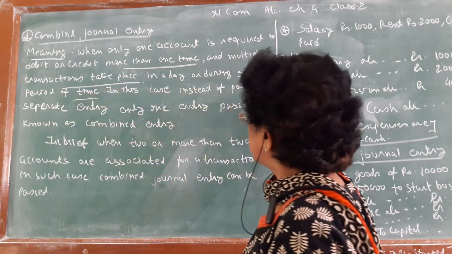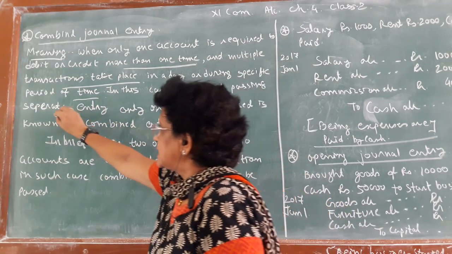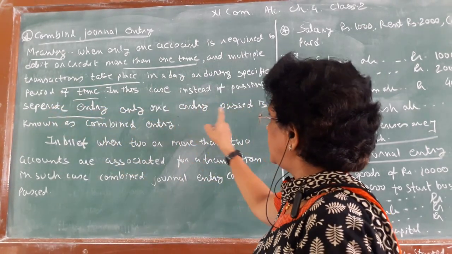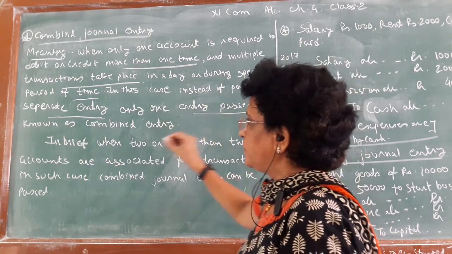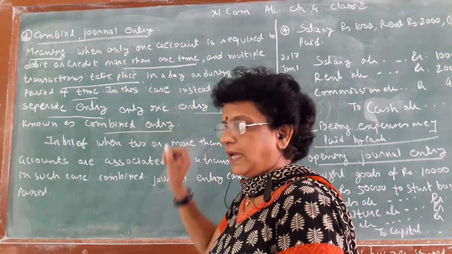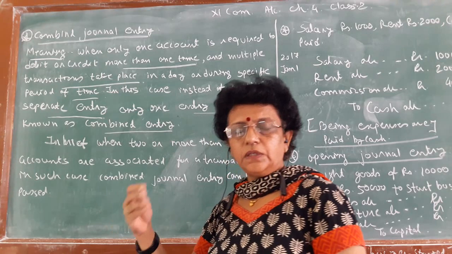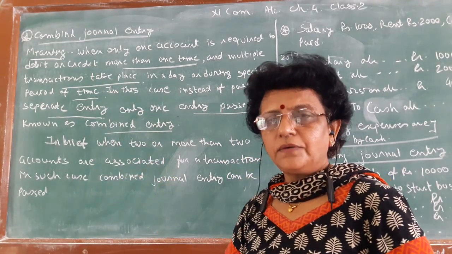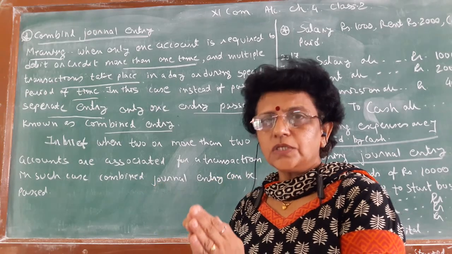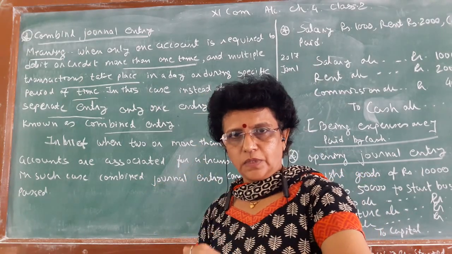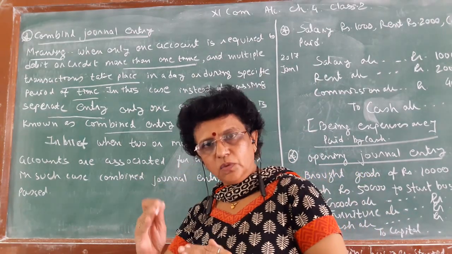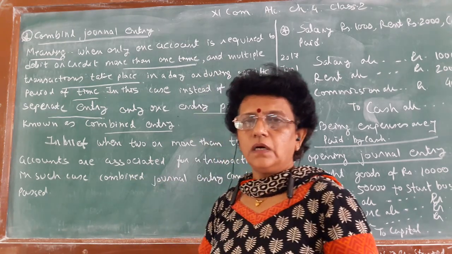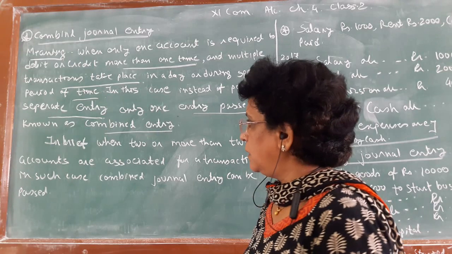In this case, instead of passing separate journal entries, only one entry is passed, known as a combined entry. I have already given you an example: why record 5 entries when you can merge all the 5 expenses together and write cash once with the total of the 5 transaction amounts.